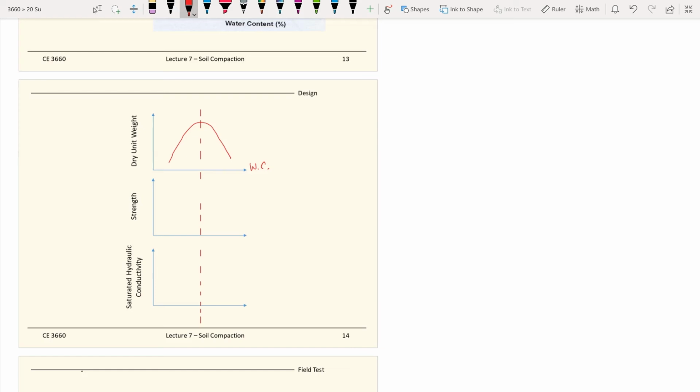But as geotechnical engineers, you need to specify the specific water content at which you want the construction to be done on site, such that you get the performance you want. For some projects, some designs, you may favor better strength performance.